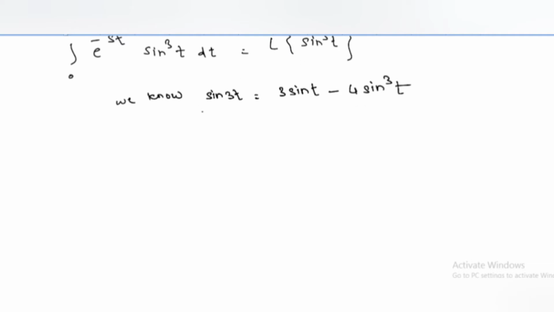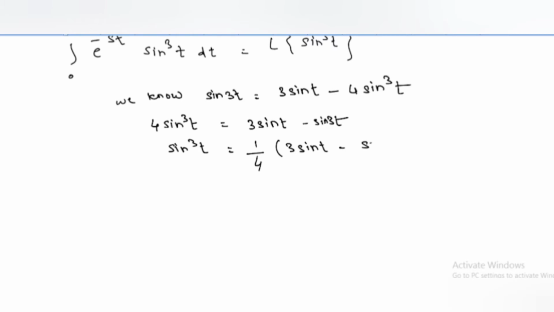So by using this equation we find the value of sin cube t. 4 sin cube t is equal to 3 sin t minus sin 3t. So sin cube t is equal to, dividing by 4 on both sides, 1 by 4 of 3 sin t minus sin 3t.